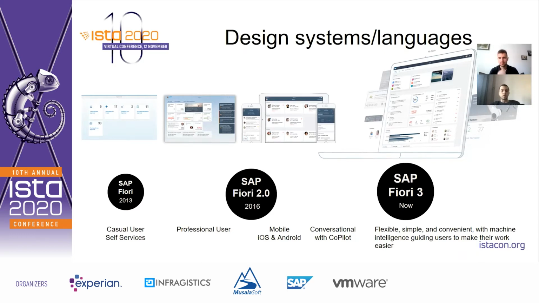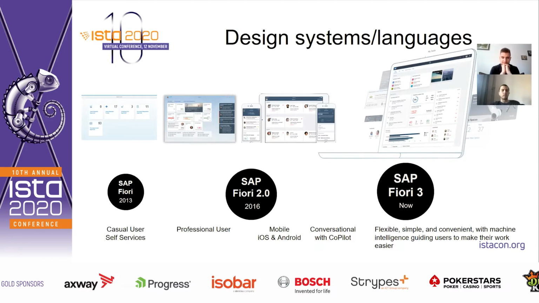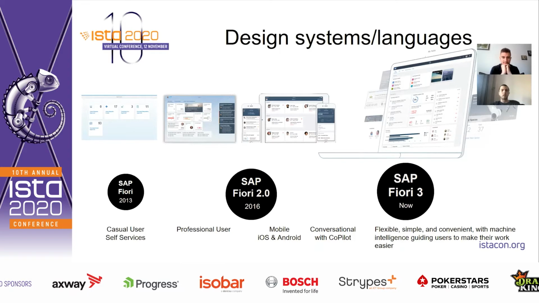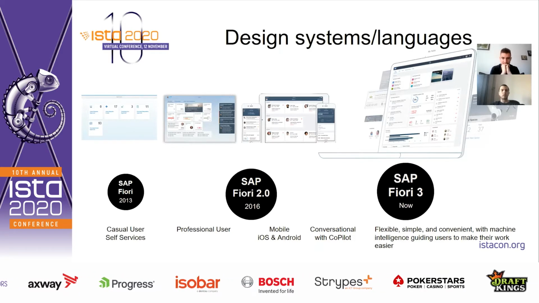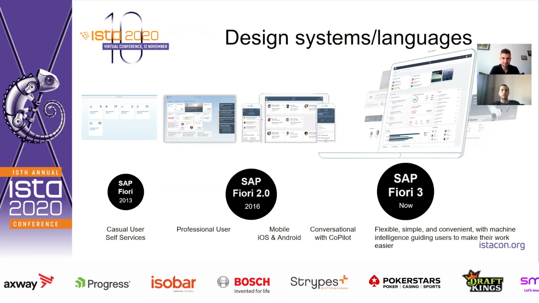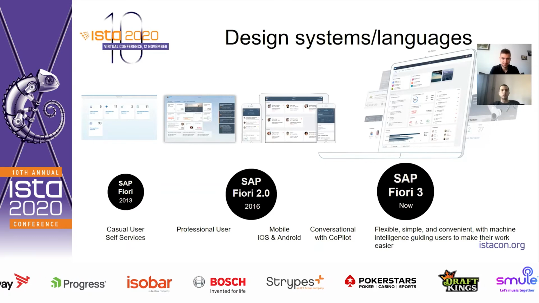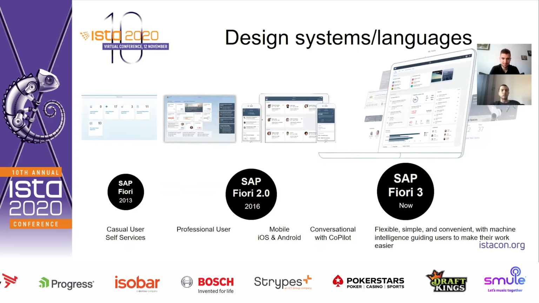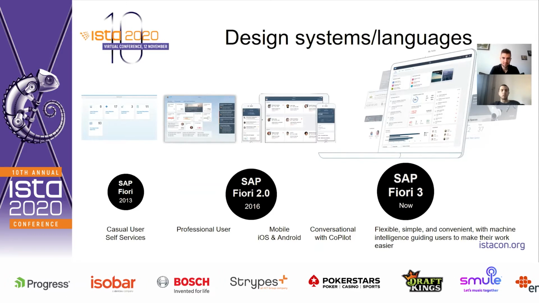Three years later, in 2016, the Fiori 2.0 version was released, and the big advantage of Fiori 2 was that it came with built-in functionality that supports mobile devices. This was something amazing back in 2016, unlike now, because nowadays it is something very commonly used.